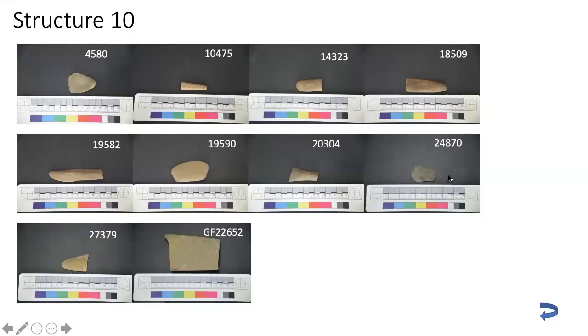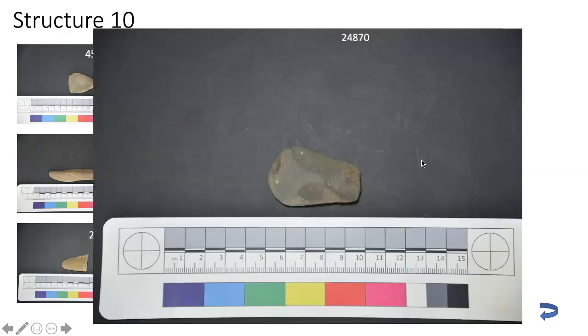So this one is kind of interesting. If we zoom in here and take a closer look, you see the chipping and a little bit of grinding across the surface there. But unlike many of the other spatulate tools, this one appears to be burned. So I don't know that we've seen any evidence of burning on the spatulate tools other than this one.